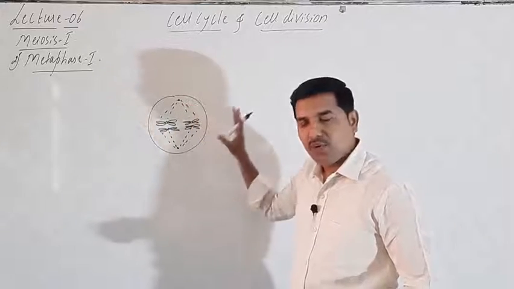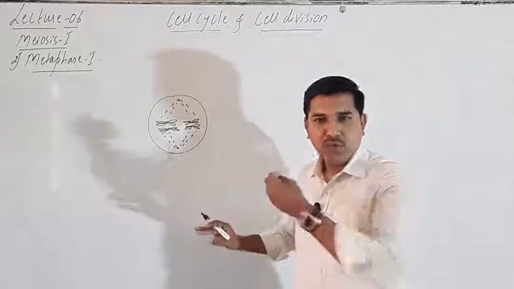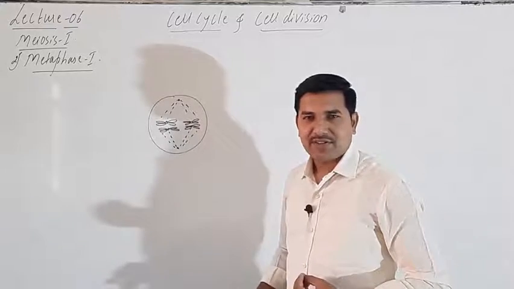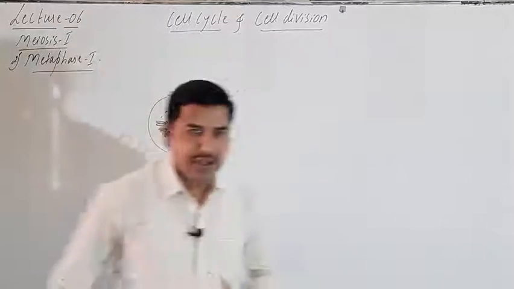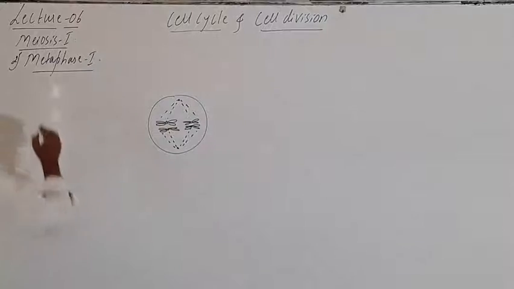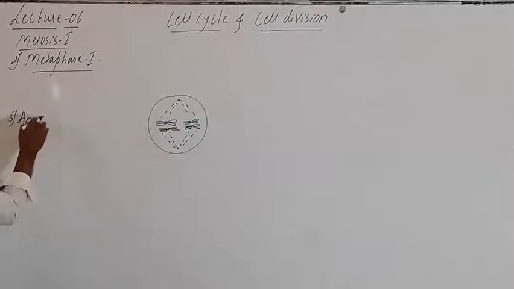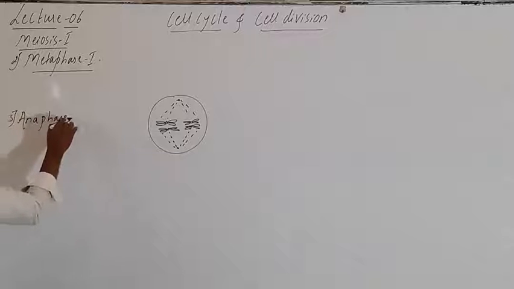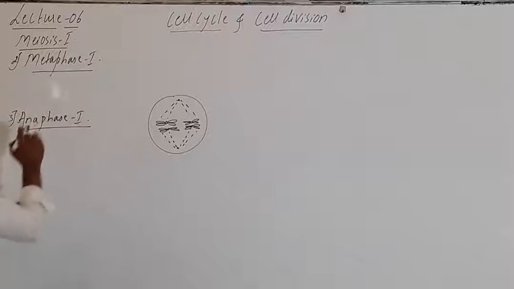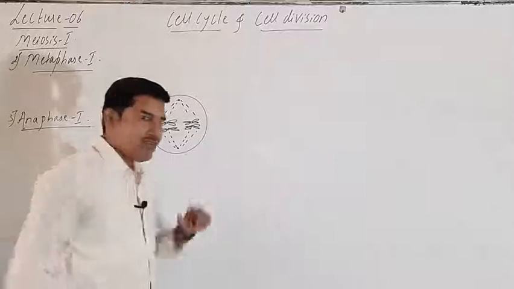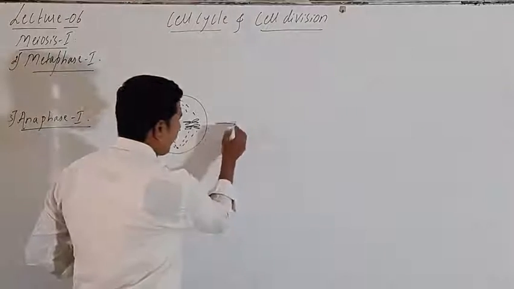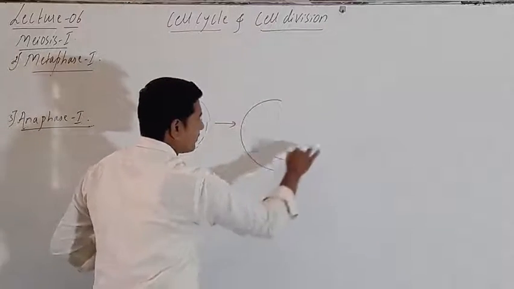I am explaining along with the diagram, so you have to note down the characters, right? Then after metaphase 1, it is followed by anaphase 1.